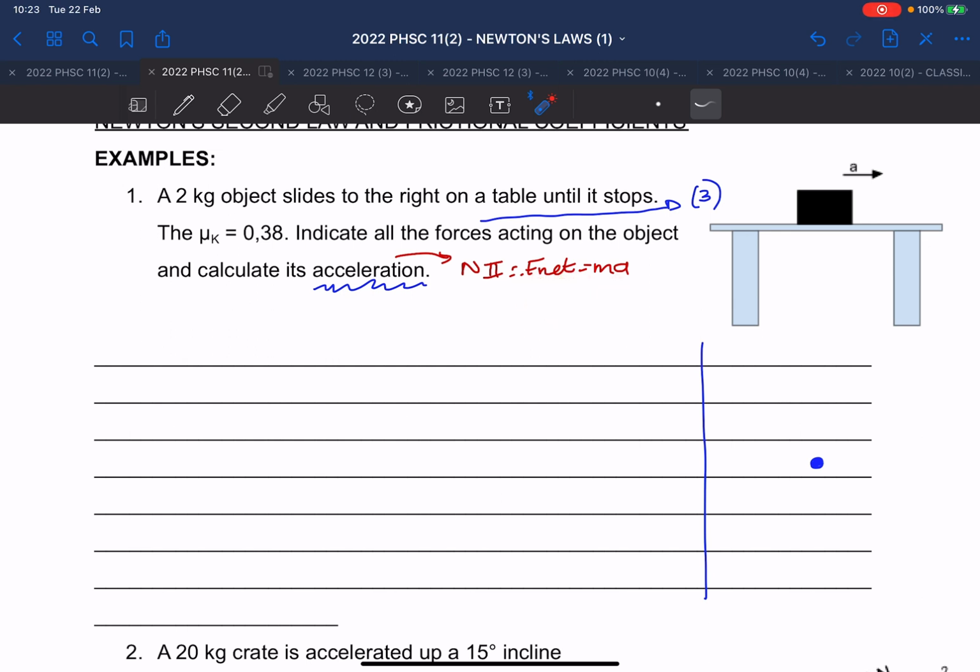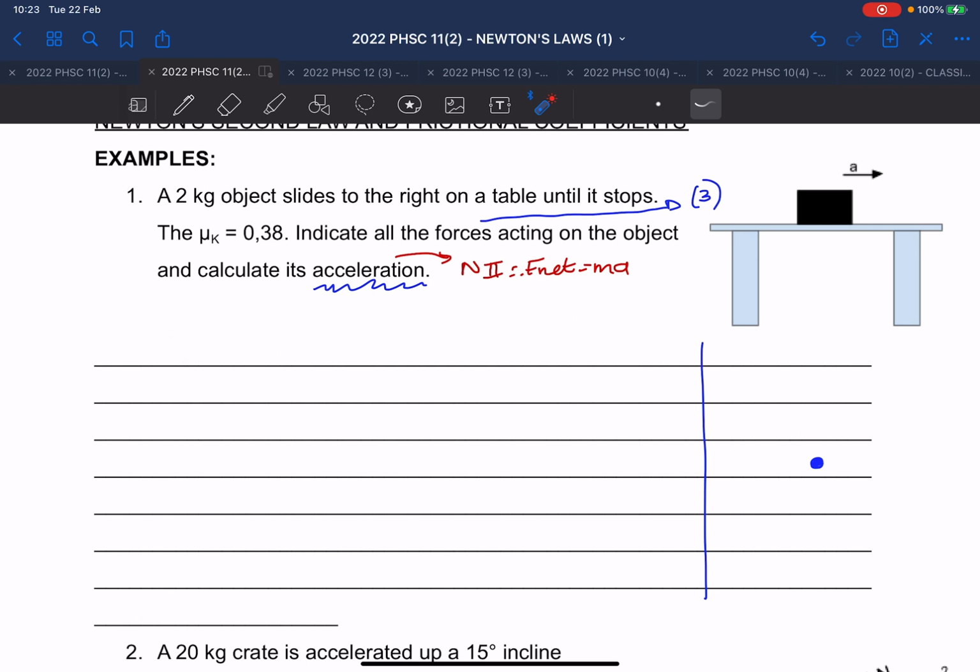Alright, so they'll ask you to indicate all the forces acting on the object. Now this will count 3 marks. 3 marks means 3 forces. Okay, so I just want to show you that you have this object here, and it says it slides to the right.